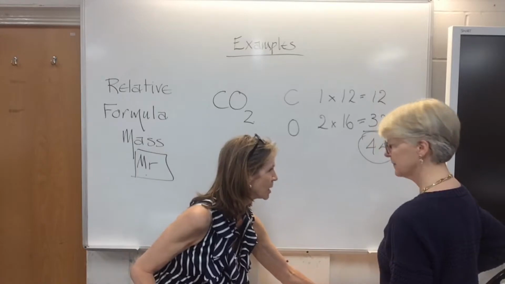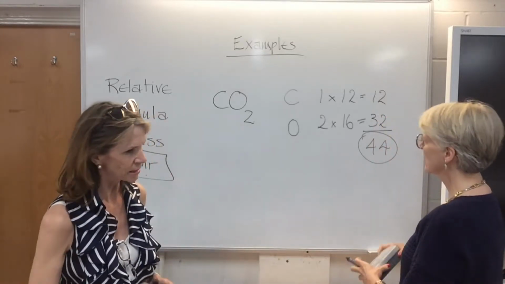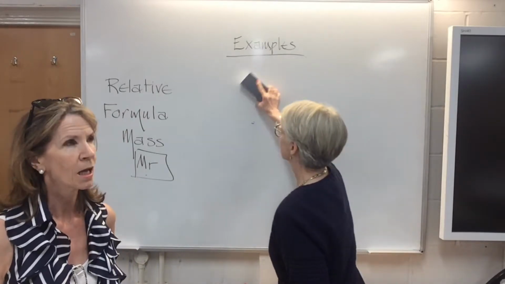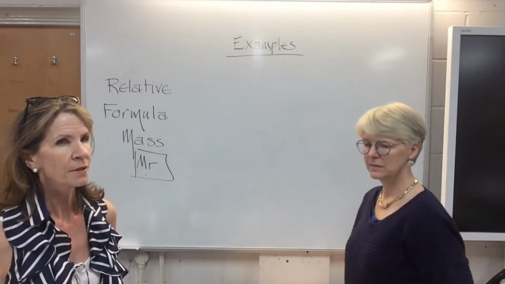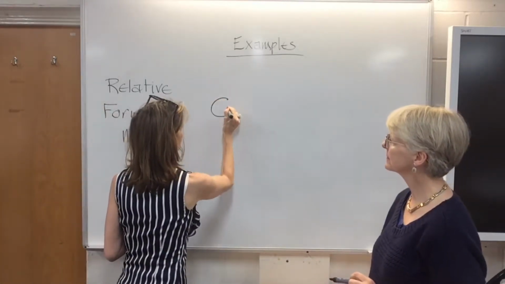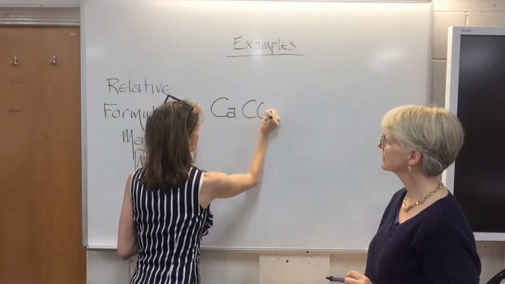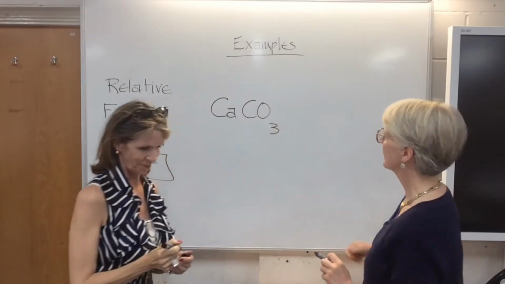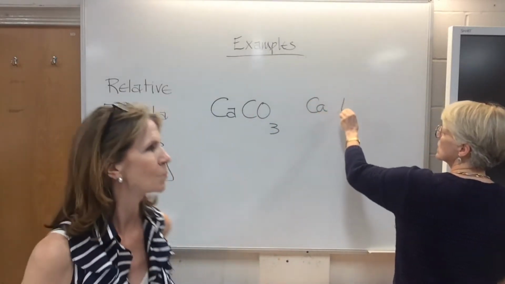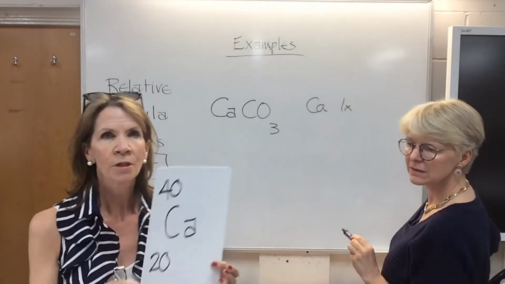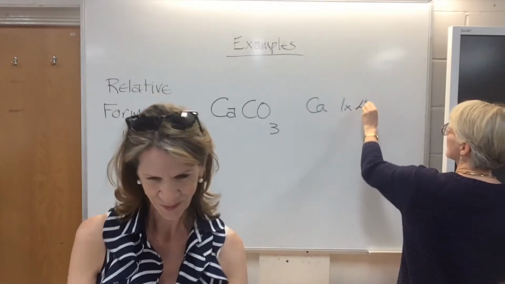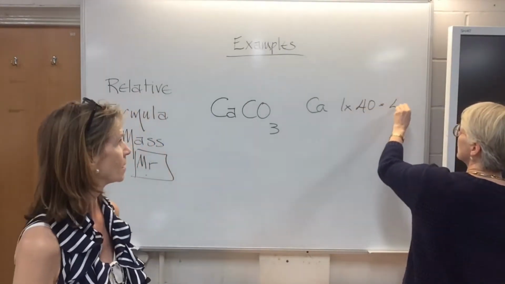Perfect. Right, we'll remove that one and let's go on to a trickier one. I think we'll do calcium carbonate. So it's CaCO3. Calcium, only one of those, so it's 1 times the atomic mass of calcium, which is 40. 1 times 40 equals 40.